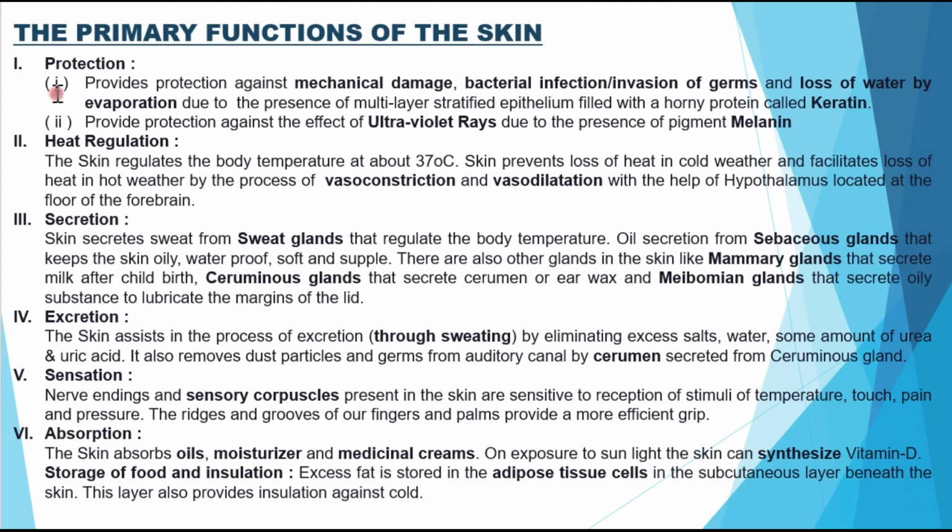Skin is the largest organ of the body that covers the entire surface of our body, and it is an uninterrupted layer, and it has several functions. You can see the long list of functions of the skin that is printed here. It provides protection against what?